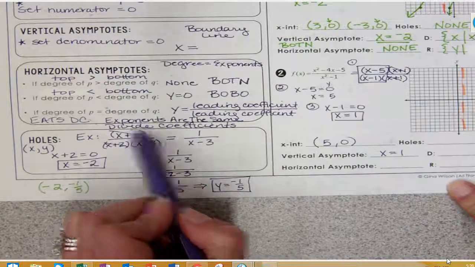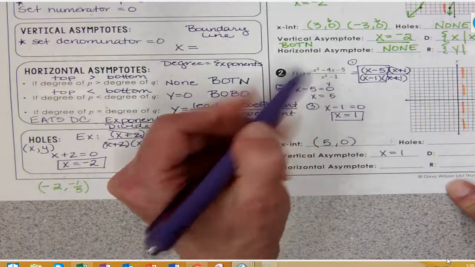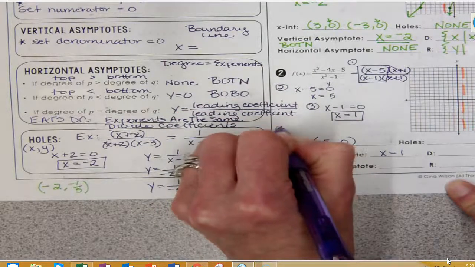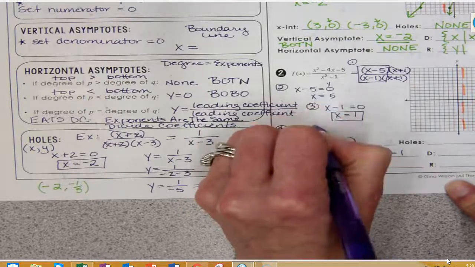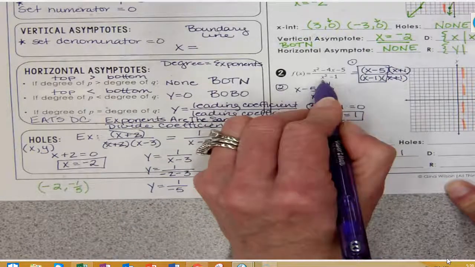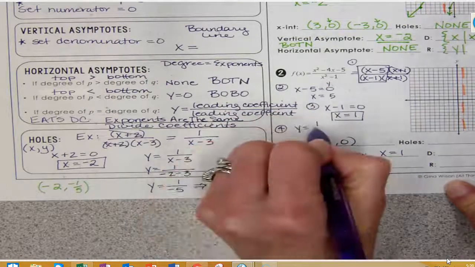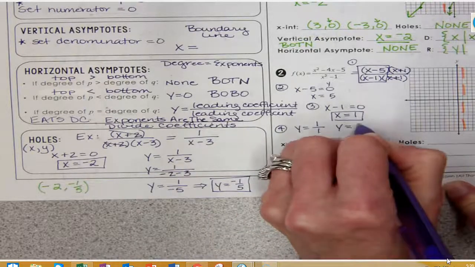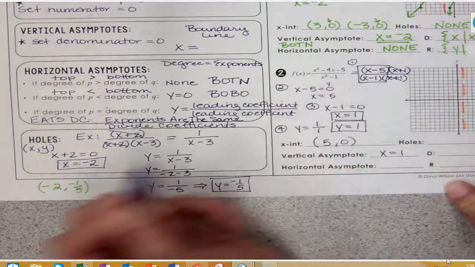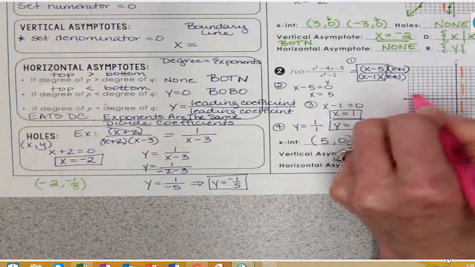We're going to divide the coefficients. The coefficient of this exponent is 1. So y is going to equal the coefficient of the numerator divided by the coefficient of the leading exponent of the denominator, which is 1. So my horizontal asymptote is going to be y equals 1. And I can graph that.